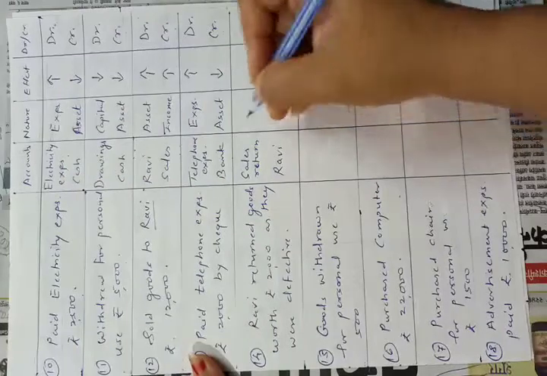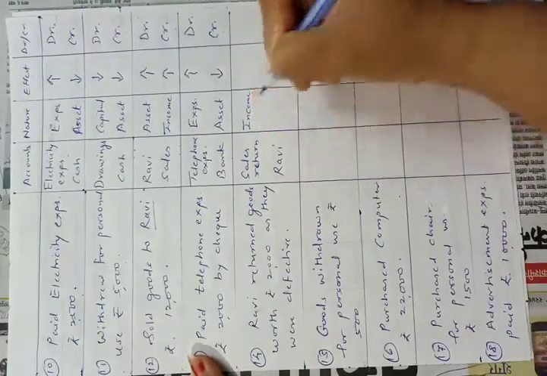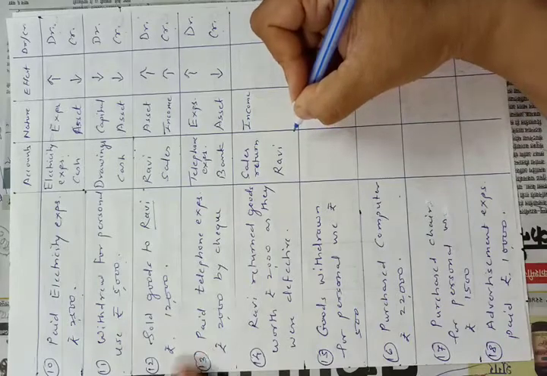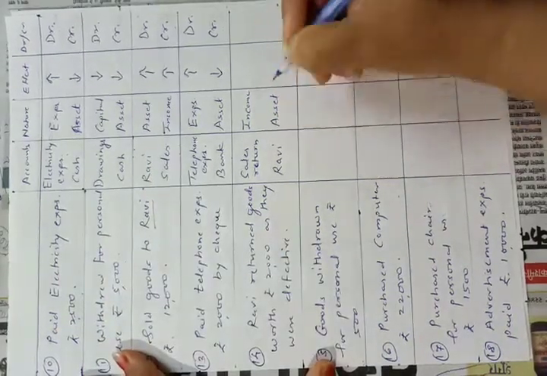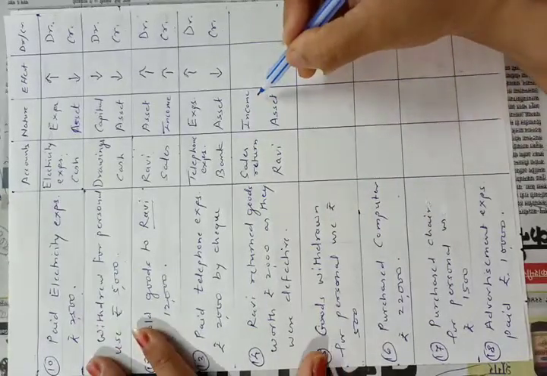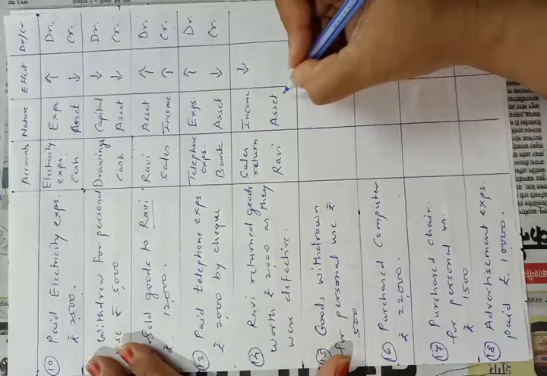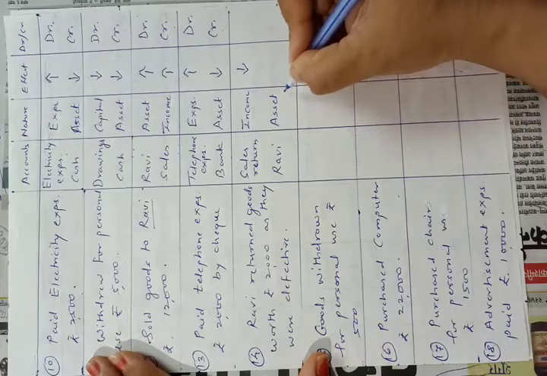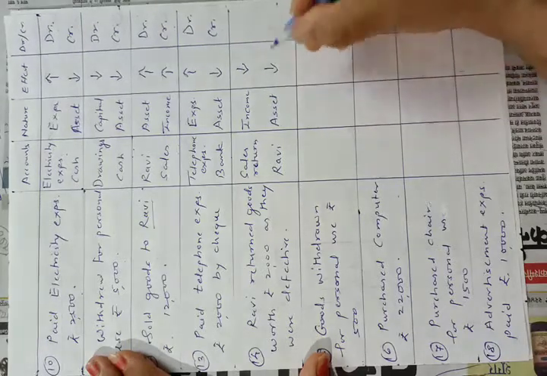Now sales return, sales was our income and Ravi was our asset. See here. So Ravi was our asset. Here as he is returning goods, our income will reduce and our asset, that is amount receivable from Ravi, that is debtor, will also reduce.